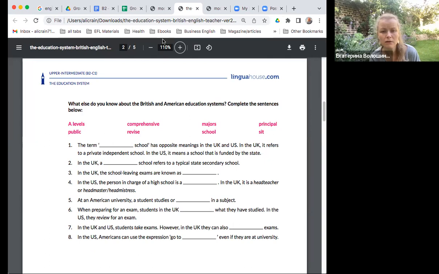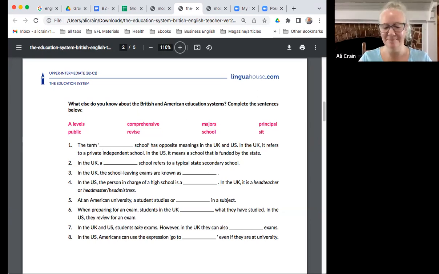Principal? No, principal is a job, a position. Funded by the state. No, it's not principal. Public. Yeah, it's public.